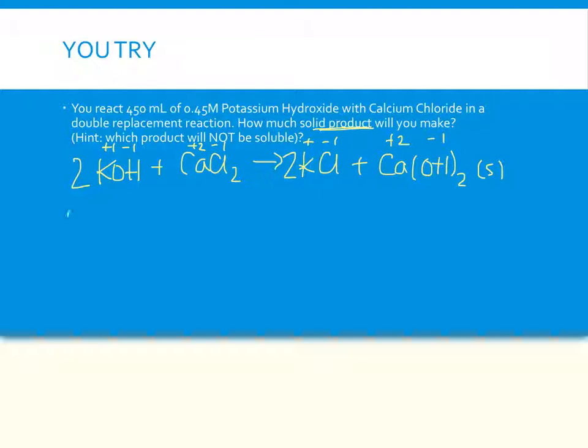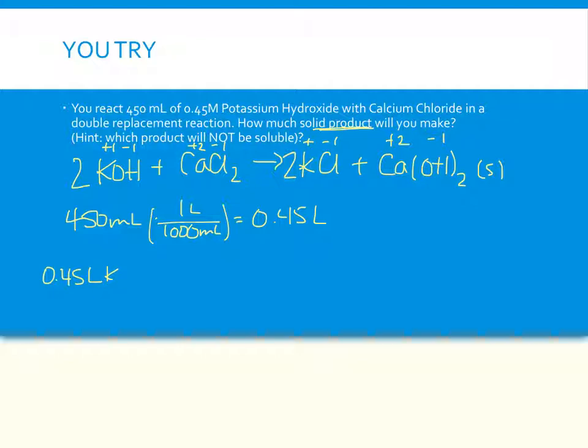Alright, and then I need to convert my milliliters to liters. 0.45 liters, and now I can start my stoichiometry. So 0.45 liters, and then it says you react 450 milliliters of 0.45 molar potassium hydroxide.